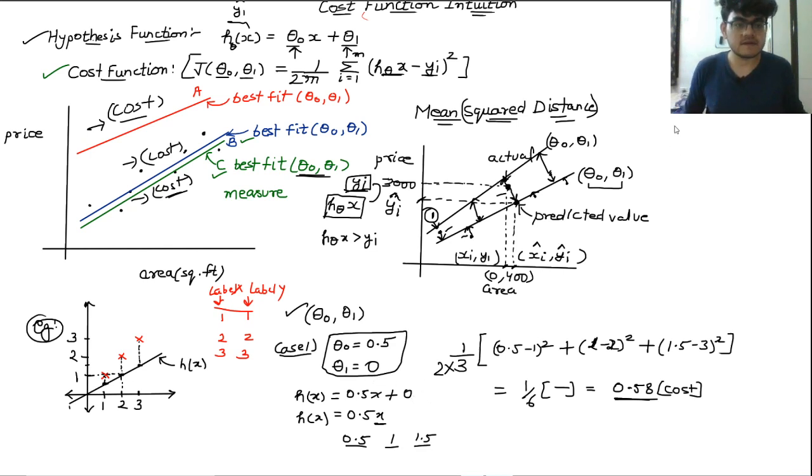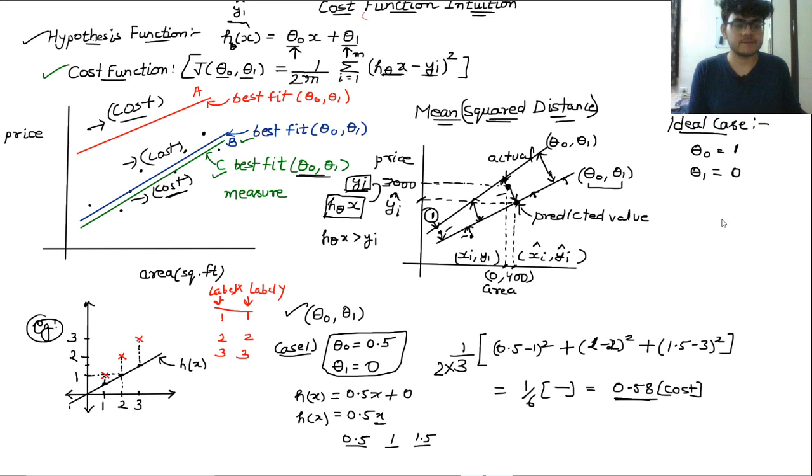So now let's consider an ideal case. In the ideal case, we're going to write a hypothesis function that will pass through all the actual data points. So in that case, I will assume theta 0 as 1 and theta 1 as 0.